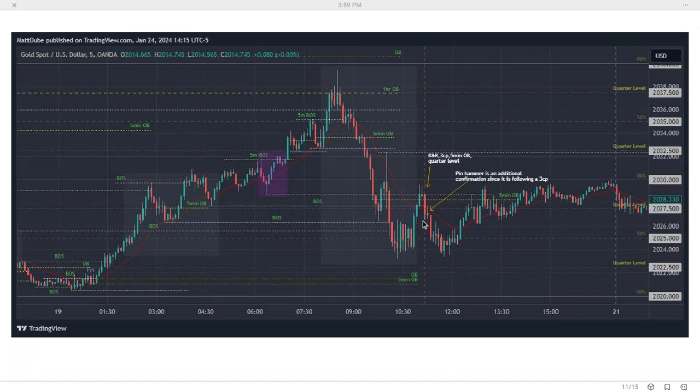So the reason why I've taken this trade is because we have 1, 2, 3, 4 confirmations. I need 4 more, and the other 4 come from this point here where price broke through this level, came back and retested it, and then continued going down.